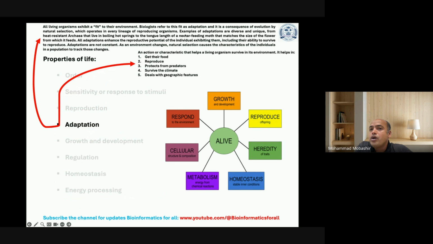For example, organ systems such as the digestive system or circulatory system perform specific functions like carrying oxygen throughout the body, removing wastes, delivering nutrients to every cell, and cooling the body.